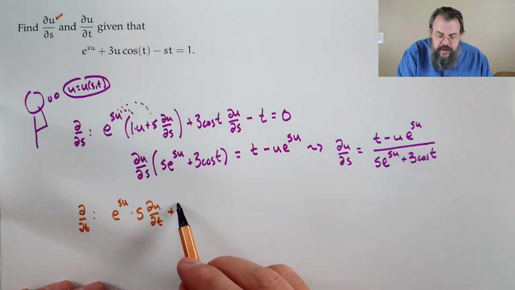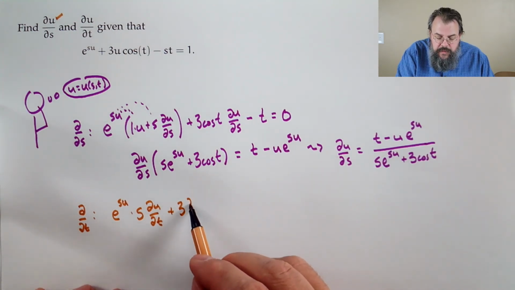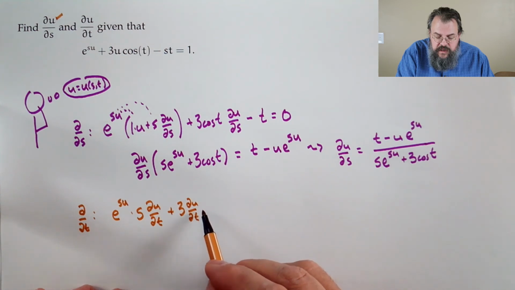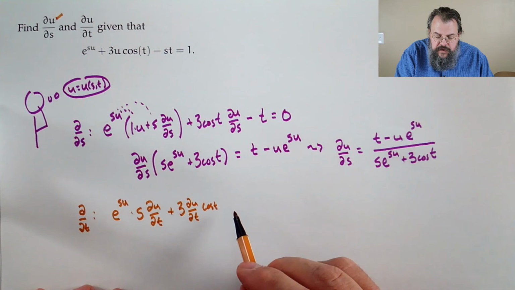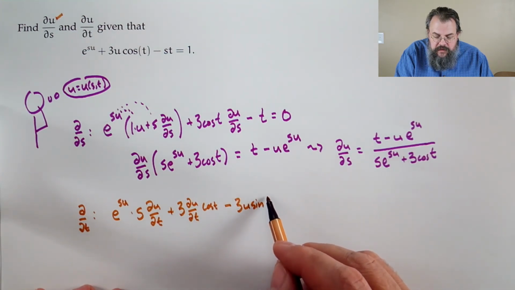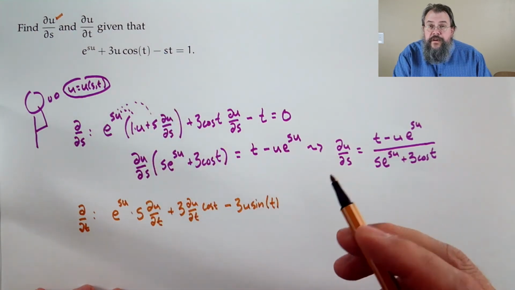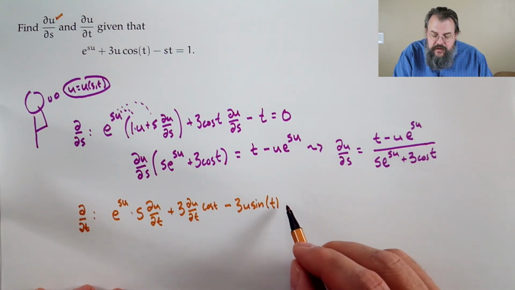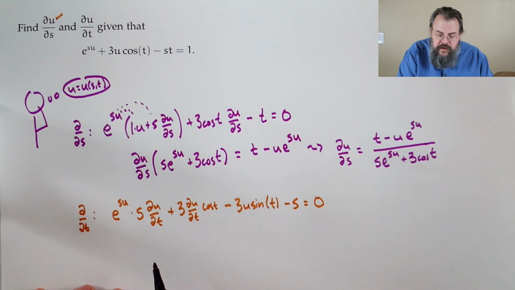So 3, derivative of the first, well, the derivative of u with respect to t is partial u, partial t, and then we have cosine t, and then we have 3u times the derivative of cosine. Well, that's the negative sign, so we're going to end up with a negative sine t, and then the last term, derivative of s times t with respect to t is s, and the derivative of the other side is 0. So we see, okay, we can factor out the partial u, partial t.